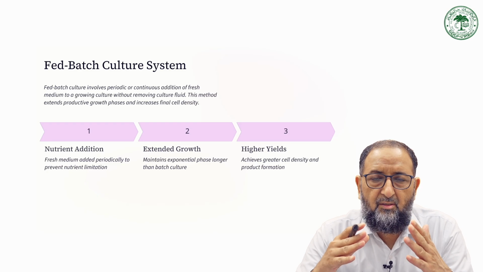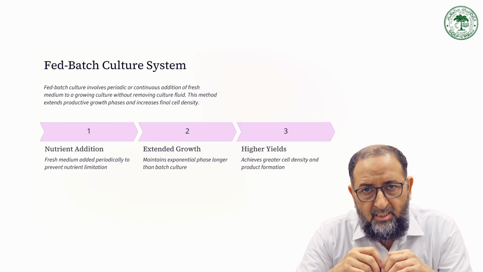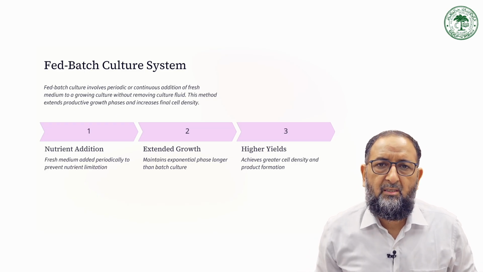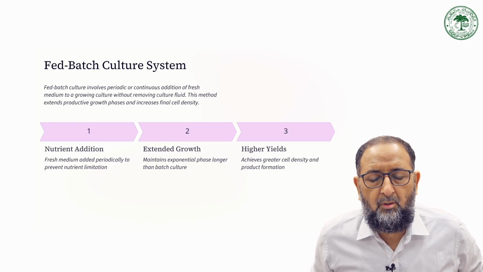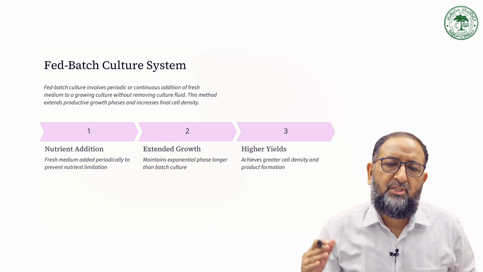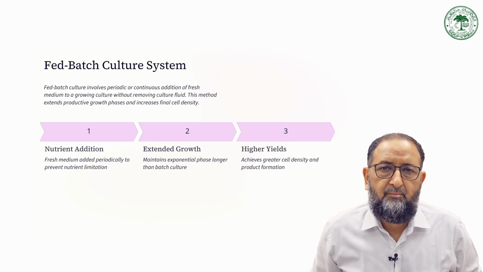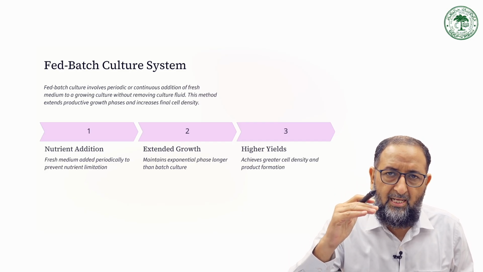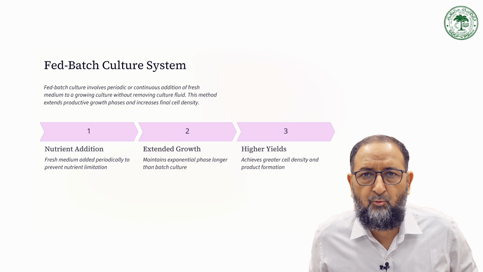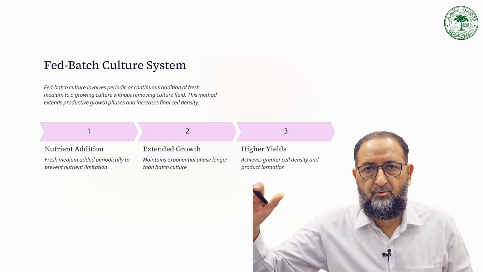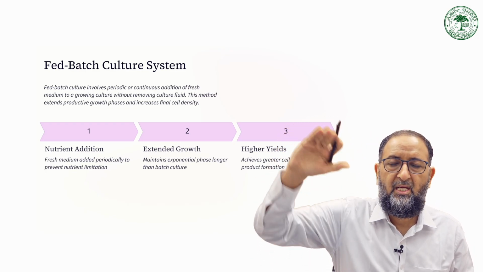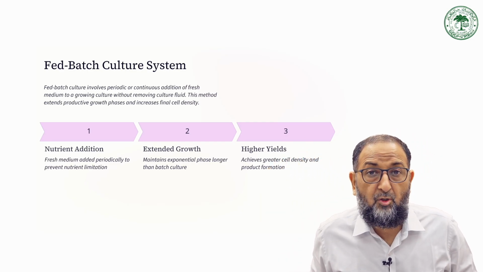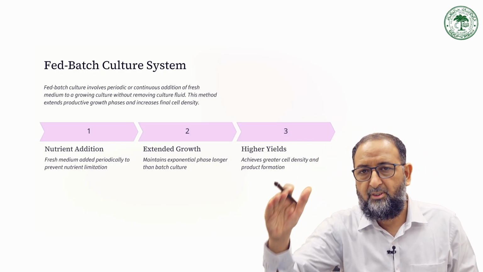In continuous culture, on the basis of the turbidity or chemical composition, by measuring with the turbidostat and the chemostat, you can measure the level of nutrient depletion and add accordingly the required nutrients so that the growth continues and remains in the exponential phase, or at least in the stationary phase. It should not come to the decline phase. But in the batch culture, it is not like that. It comes to the stationary phase and then to the decline phase.